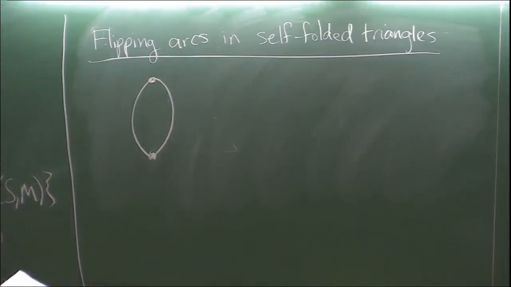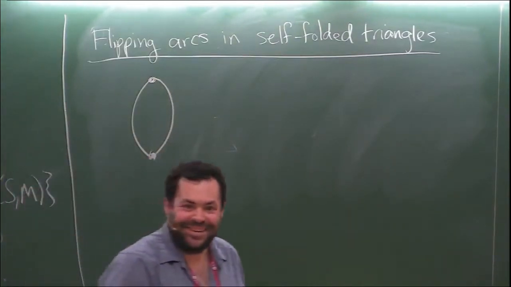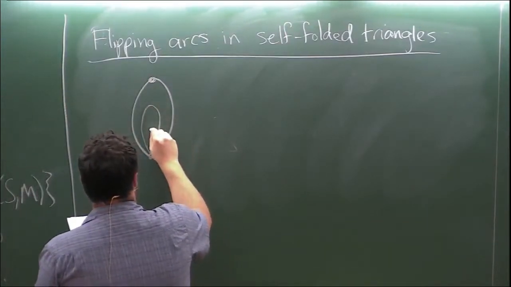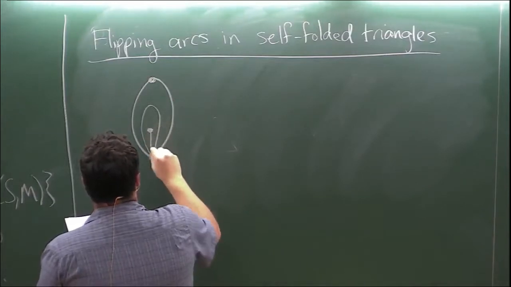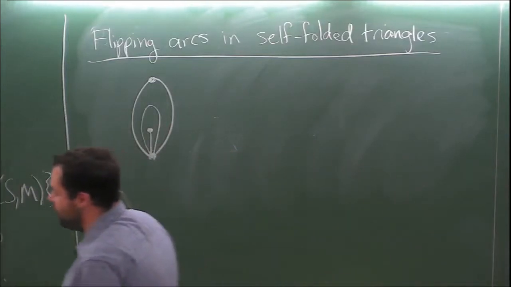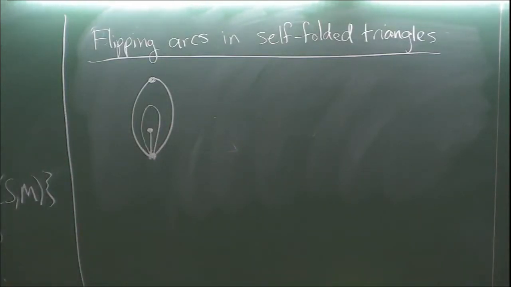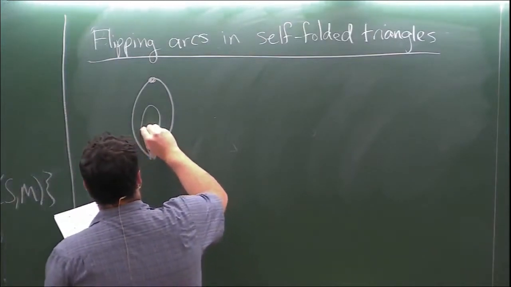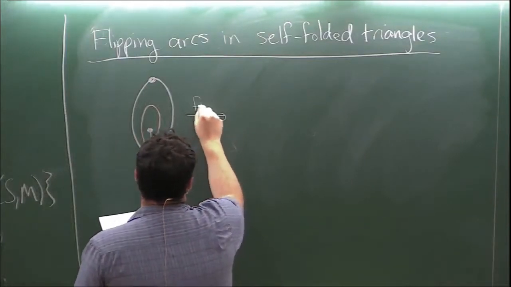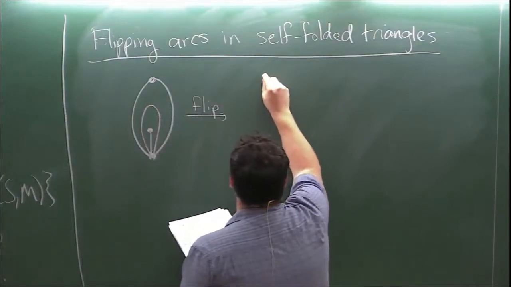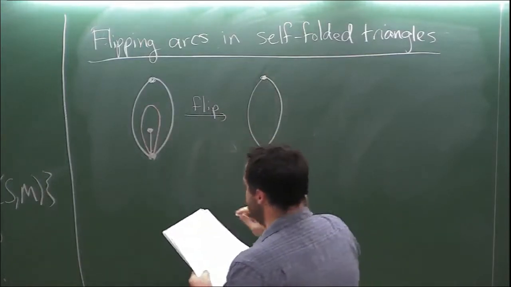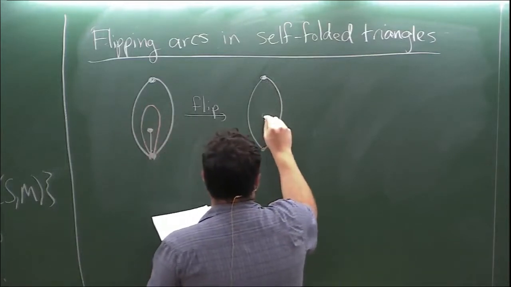So here I have some bigon or digon, however you want to say it. Okay, there are 2 words for this. And inside of here, I have a self-folded triangle. So we saw before that it's okay for us to flip a loop. So if we try to flip this loop, there's nothing that's going to cause us any problems. So if we flip the loop, this stays the same.